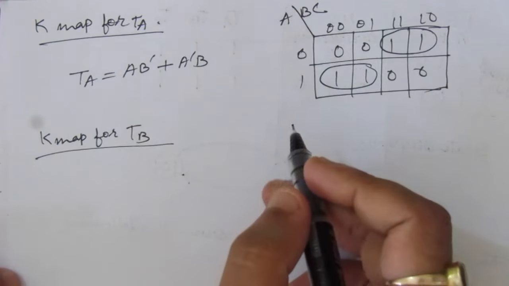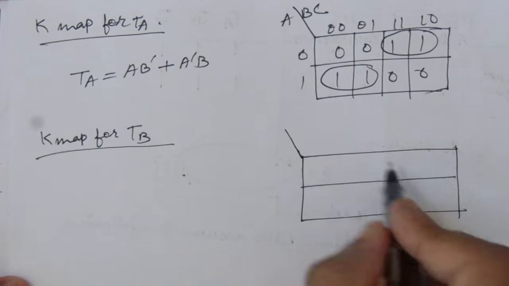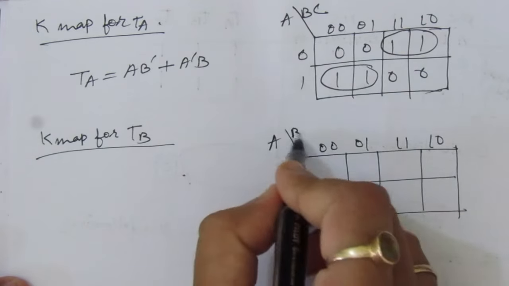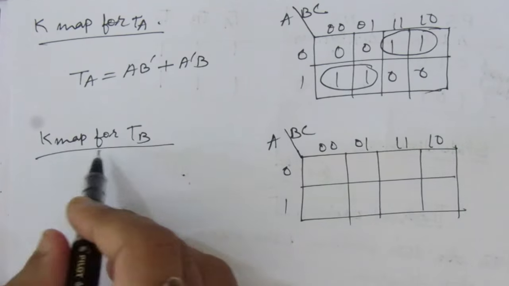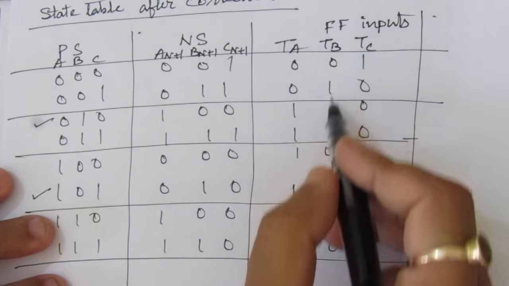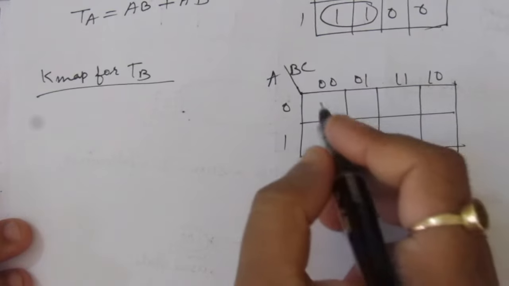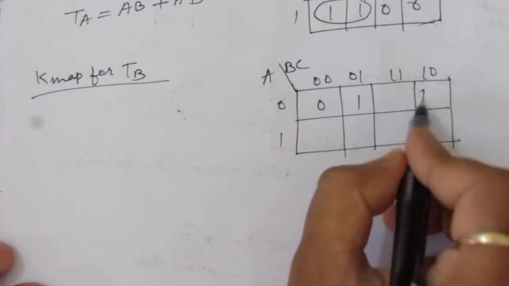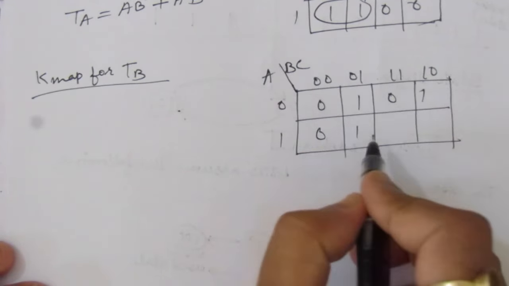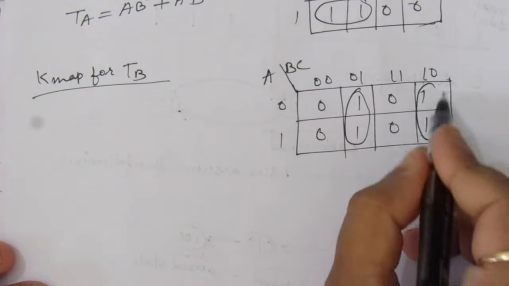Next we have K map for TB. Similarly for TB also we'll have a 3 variable map. So here we have to fill up with the TB values after correction. So after correction the TB values are 0 1 1 0 0 1 1 0. So here we'll have this combination.